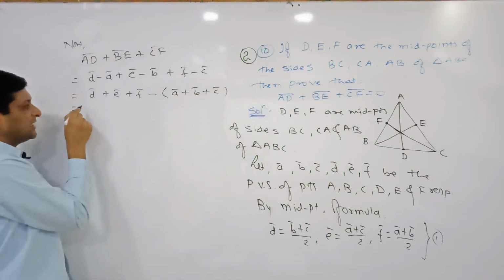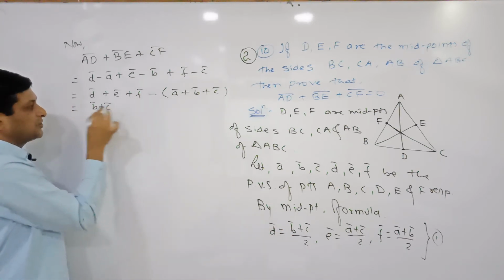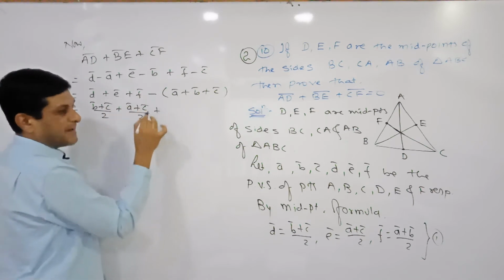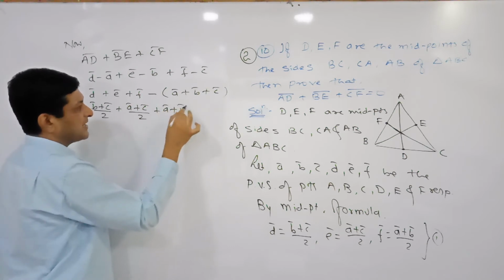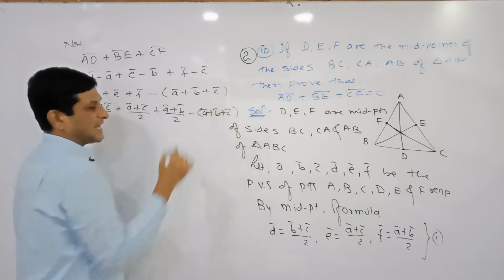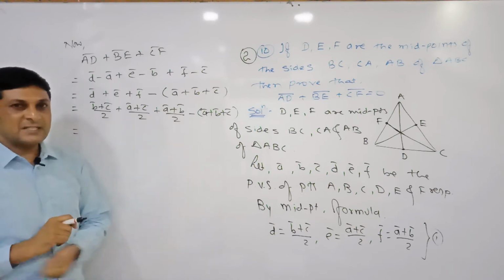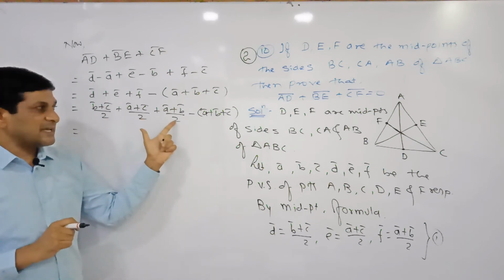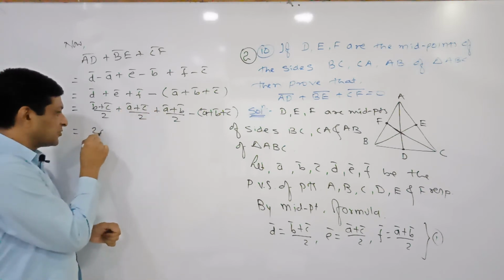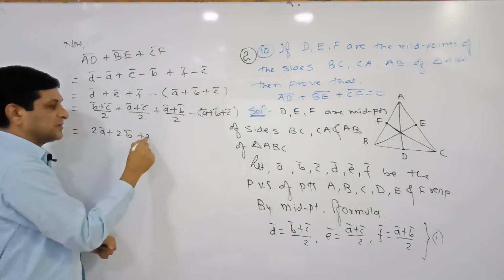Now replace D bar by its value, which is B bar plus C bar upon 2. E bar we replace by its value A bar plus C bar upon 2, and F bar is equal to A bar plus B bar upon 2. Keep the last term, minus A bar plus B bar plus C bar, as it is. Now if you observe these three terms, the denominators are the same, so we take the addition of the numerators. We get A bar plus A bar is equal to 2A bar, B bar plus B bar is equal to 2B bar, and C bar plus C bar is equal to 2C bar.